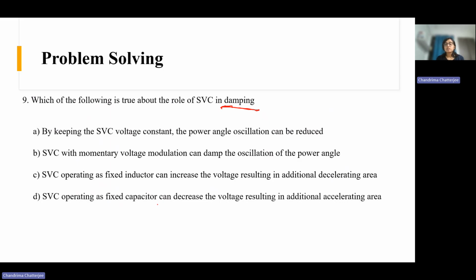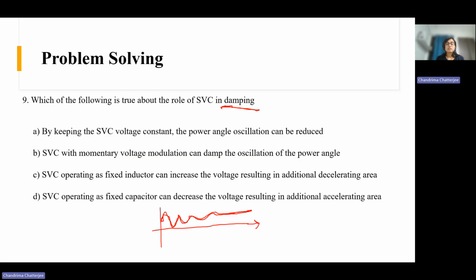Whenever there are transients, there are oscillations, there will be some overshoots and some undershoots. So the quicker we can damp them out, the better it is for the system, right? The SVC can provide damping to the oscillations. Okay, it can damp out the oscillations.